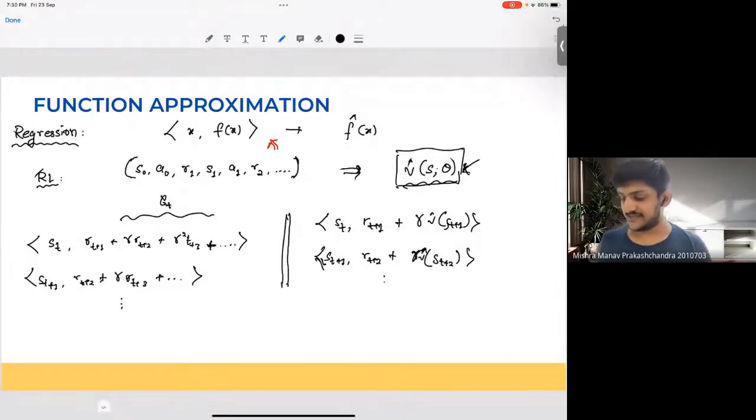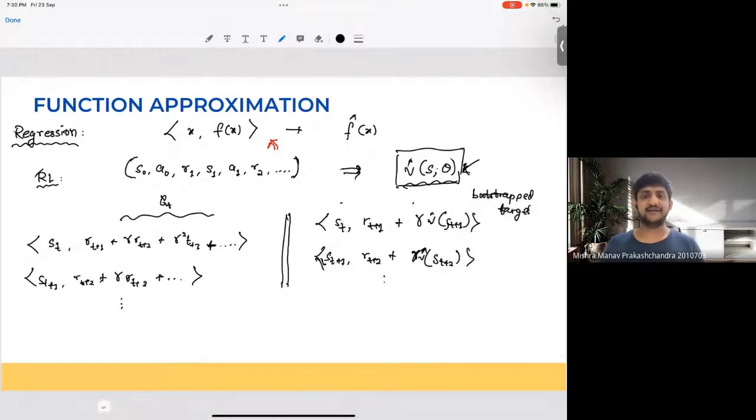Okay, I'll tell you. The issue here is the target that I have. This is my input and this is my target. This is not the actual target, but some sort of a bootstrap target, right?